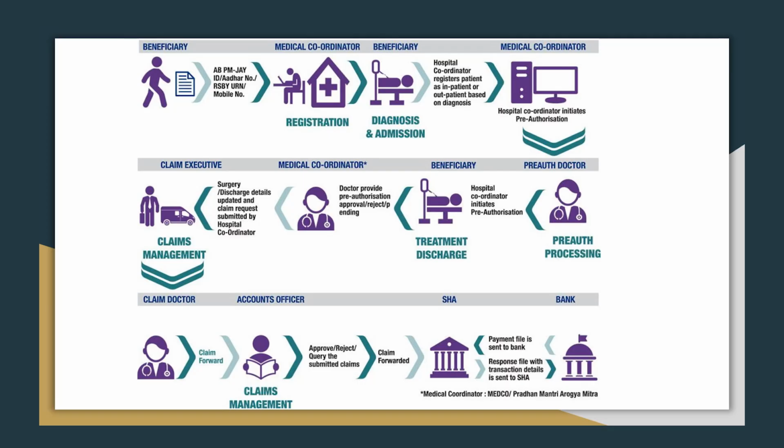The details will be shared with the doctors at the society, and the authorization will be approved. Then only the scheme benefits will be offered to the patient, and the treatment will be started after the pre-authorization.